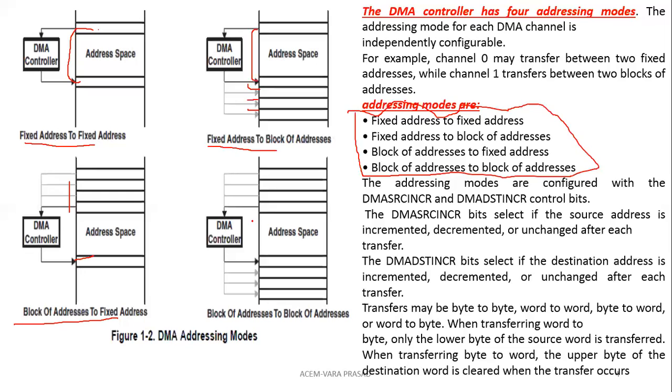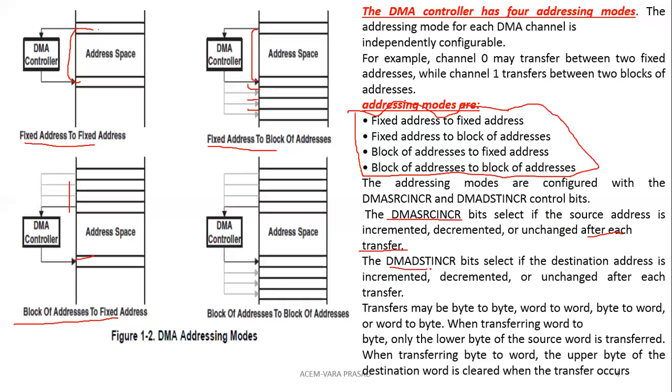So during these addressing modes, 2 control bits are mainly used. One we have already studied, DMA SRC INCR. Source increment selects whether the source address is incremented, decremented or unchanged after each data transfer.